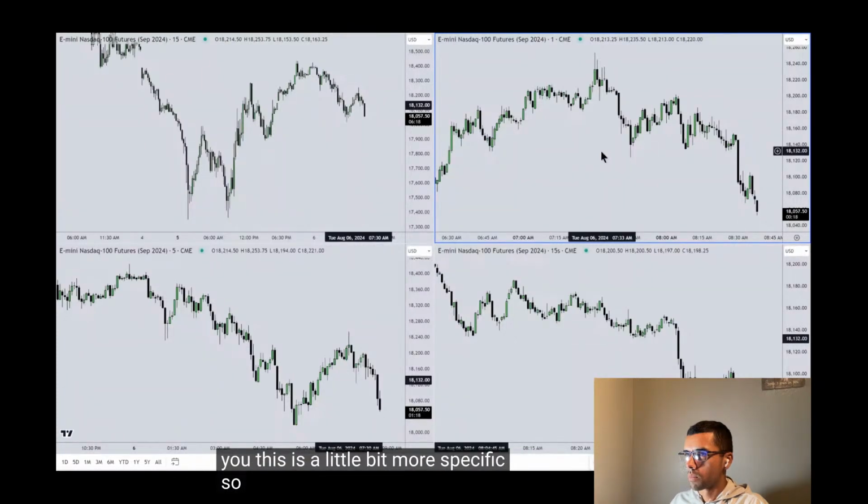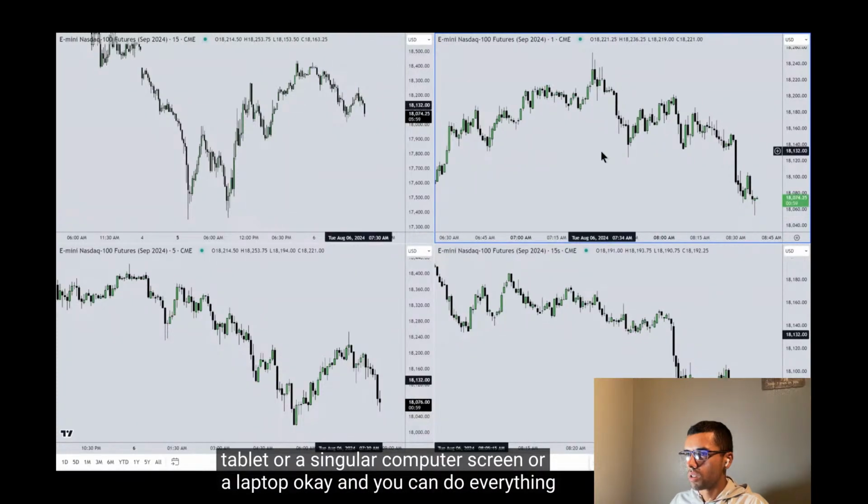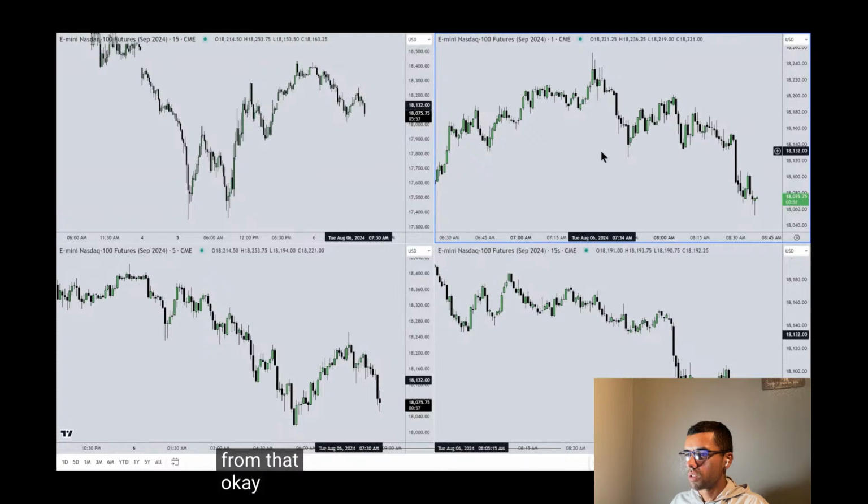I have lots of charts available to me in hardware, on screens that are off right now in front of me. I'm only physically working with a laptop computer. Most of you only have a tablet or a singular computer screen or a laptop, and you can do everything from that. I would counsel you not to try to put your faith in using just a smartphone.